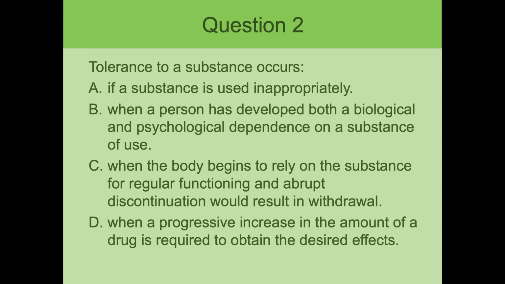So let's look at some questions. So tolerance to a substance occurs, A, if the substance is used inappropriately, B, when a person has developed both a biological and psychological dependence on a substance of use, C, when the body begins to rely on a substance for regular functioning and abrupt discontinuation would result in withdrawal, or D, when a progressive increase in the amount of the drug is required to obtain the desired effects.